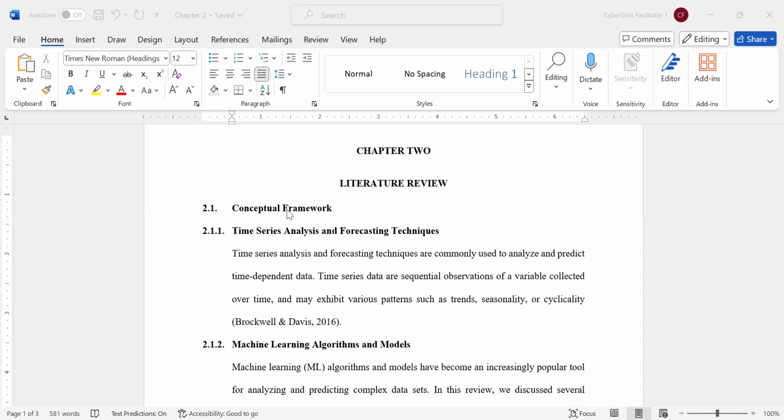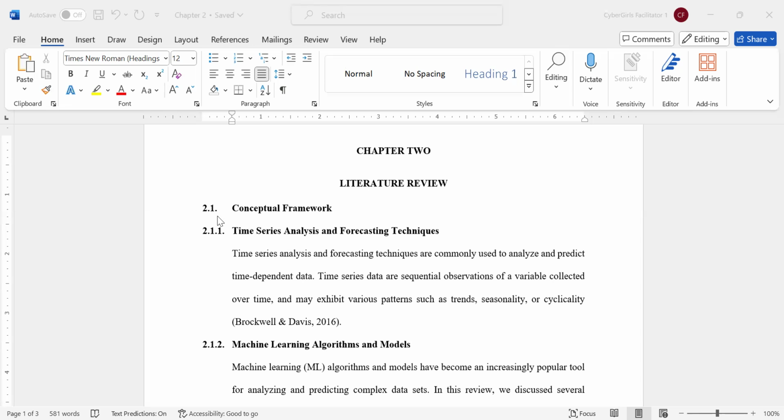At most times, people look at those key terms you have defined in your definition of terms. Most people want to discuss them in detail in the conceptual framework. So this is where you talk about all the concepts from several other materials that you have reviewed, right? You have to categorize them and bring them under the conceptual framework of your work.